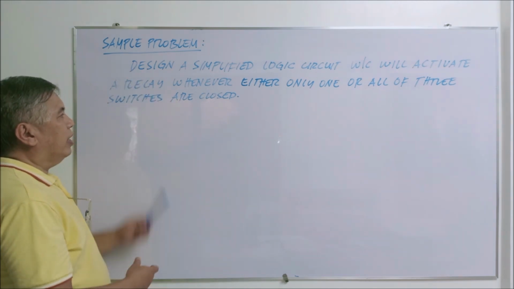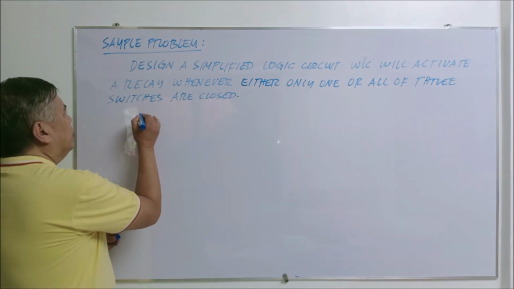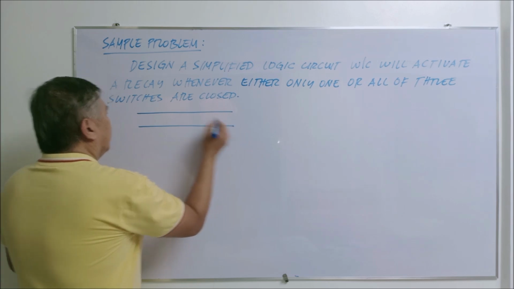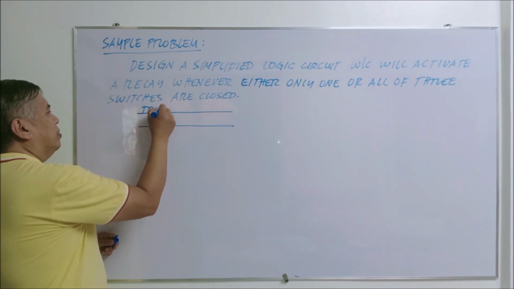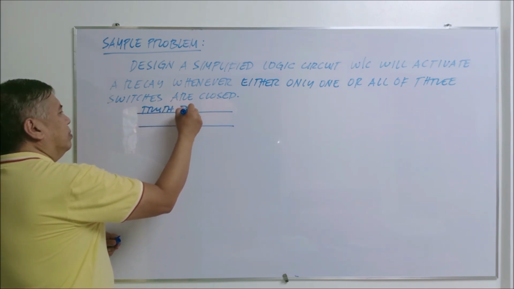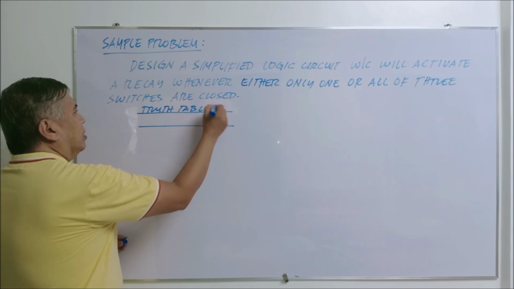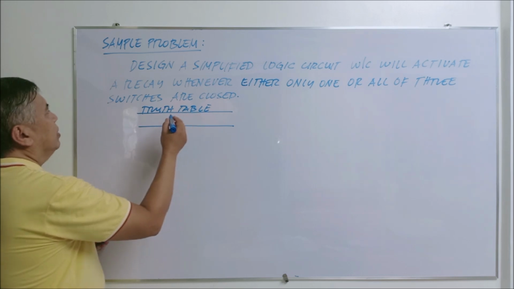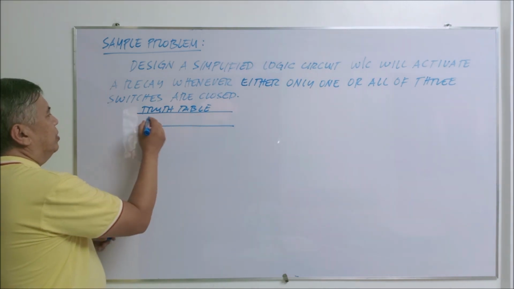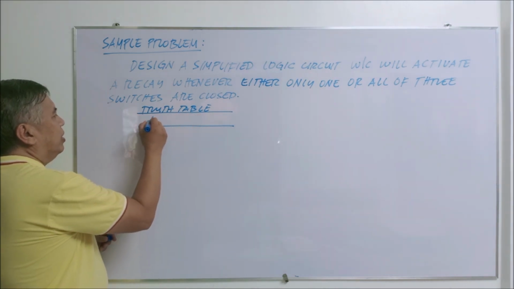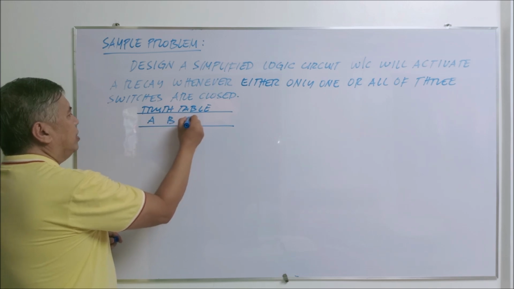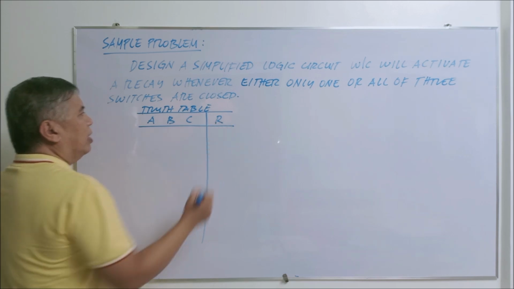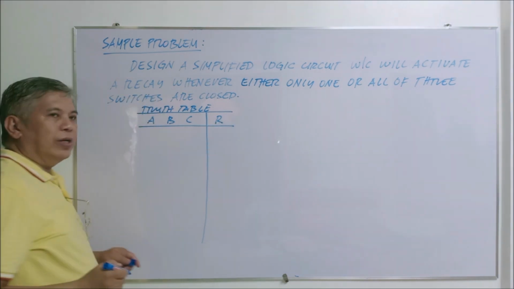Again, the first step is to make a table, the truth table. Again, we have 3 switches, represented by A, B, and C, and the output is represented by R, meaning relay.